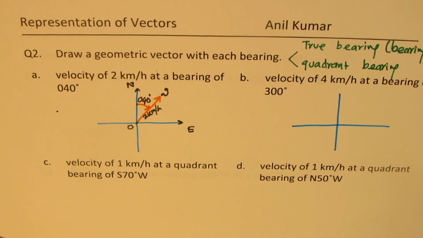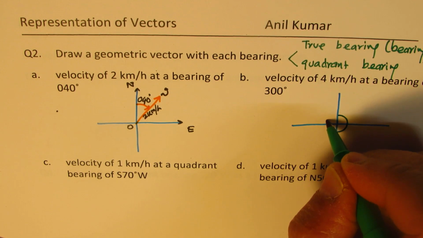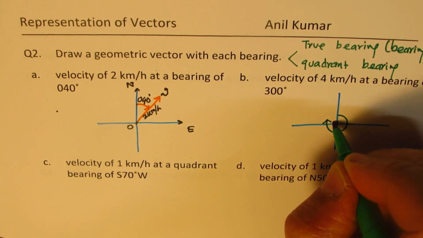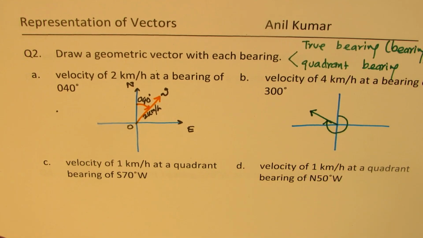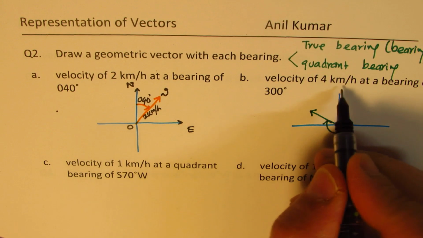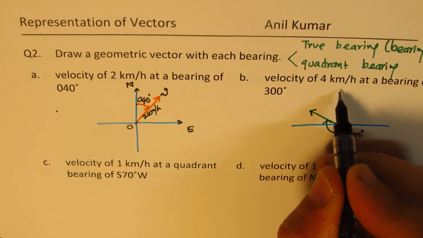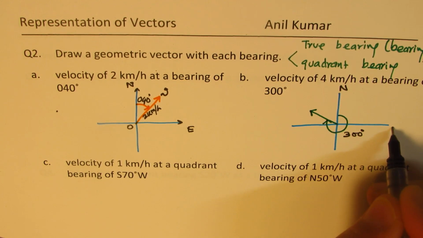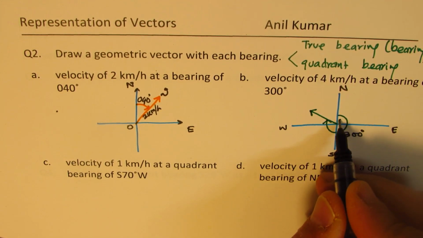So from north 300 will be kind of like this, right? 60 short. So that will be your angle, right? So this is how you're going to represent. So this is 300 degrees. So from north clockwise. Is that clear to you?